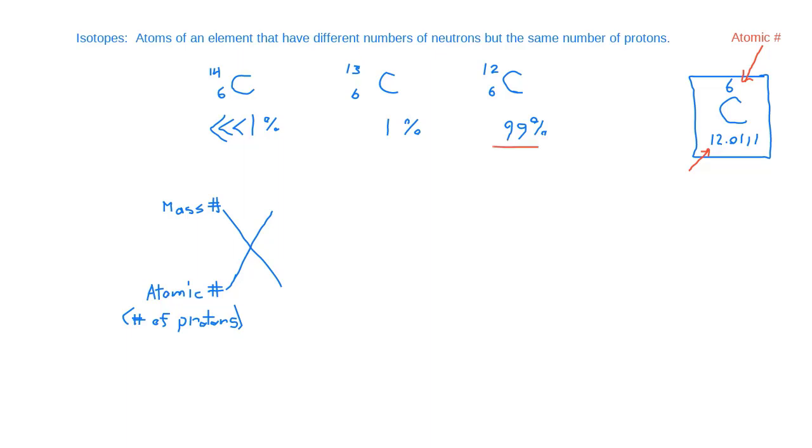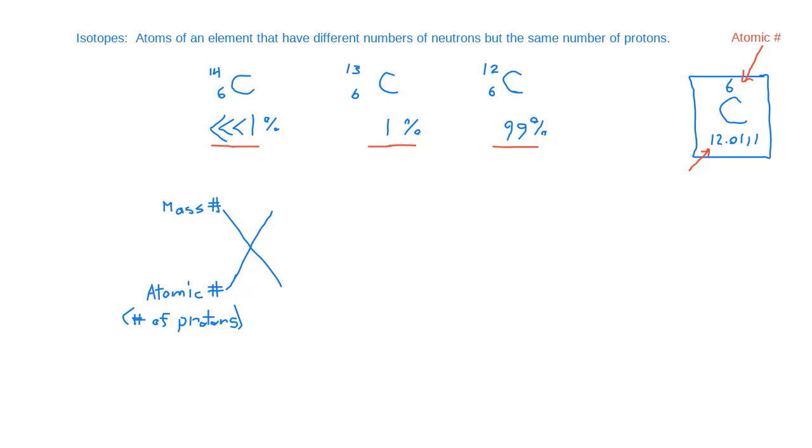Notice how I showed you over here, this is 99%, this is 1%, and this is much less than 1%. If it was 100% carbon-12, then this would say 12.00000. But it's not 100% carbon-12. You have a little bit of carbon-13. And when you take the weighted average of all the different isotopes here, you end up getting this number, 12.011.